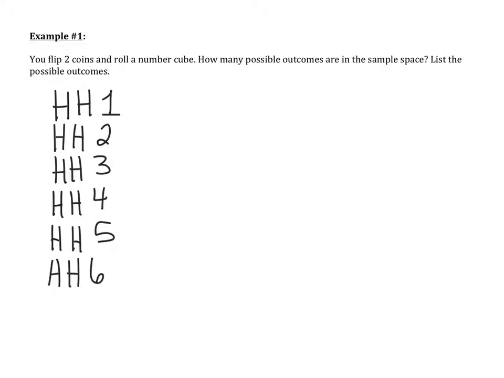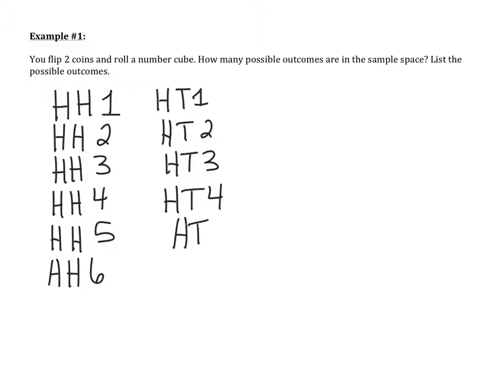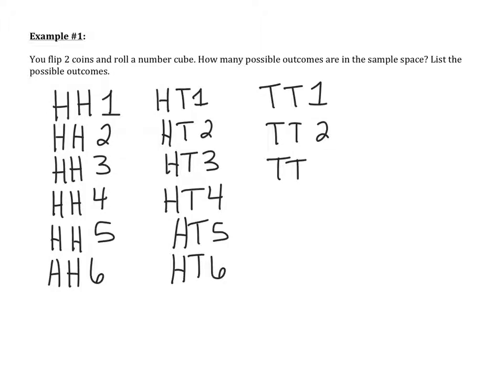Then we could do a heads and a tails and a 1, a heads and a tails and a 2, a heads and a tails and a 3, heads, tails, 4, heads, tails, 5, heads, tails, 6. Then we could do a tails, 1, a tails, 2, tails, 3, tails, 4, tails, 5, tails, 6.